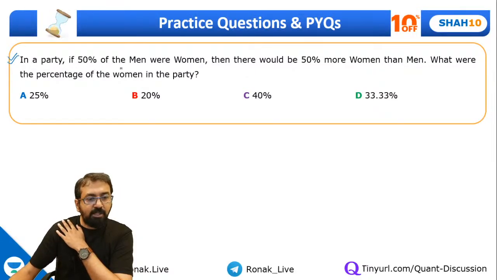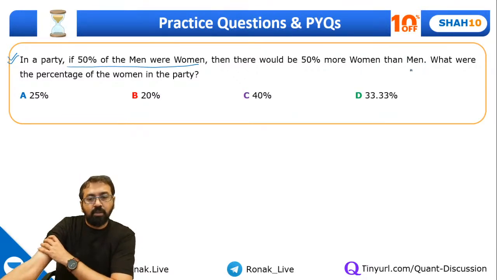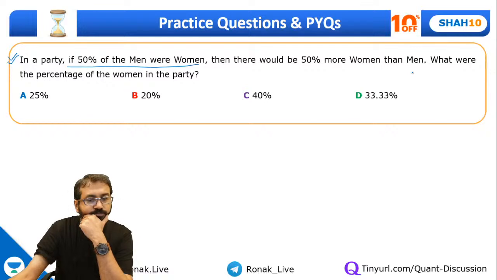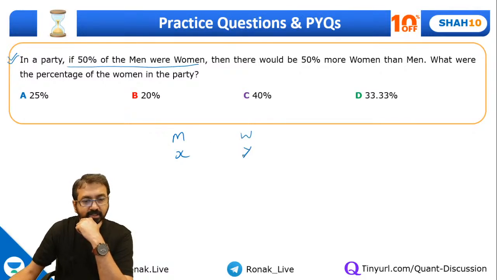In a party, 50% of men were women. If 50% of men were women, then there would be 50% more women than men. What was the percentage of women in the party? So let's take men as x, women as y.